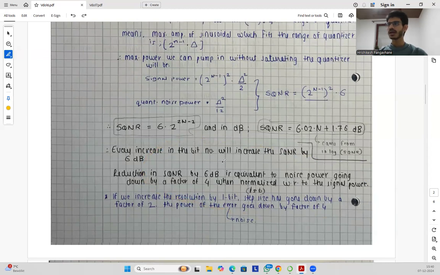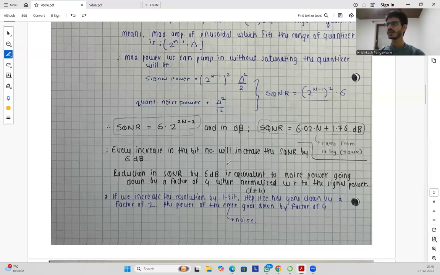So basically, every increase in a bit number will increase the SQNR by 6 dBs. So basically, the increase in SQNR by 6 dB is equivalent to noise power going down by a factor of 4, because a factor of 2 represents 3 dBs, and a factor of 4 represents 6 dBs.